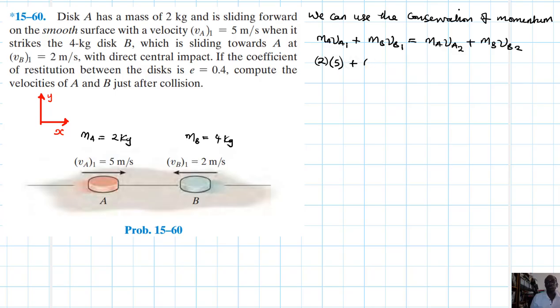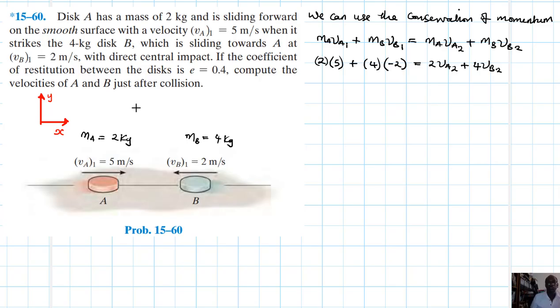plus we have a 4 by vB, which is going to be minus 2. Mind you, it's going in the other direction, right? And this is just going to be equal to 2 vA2 plus mB, which is 4, vB2.